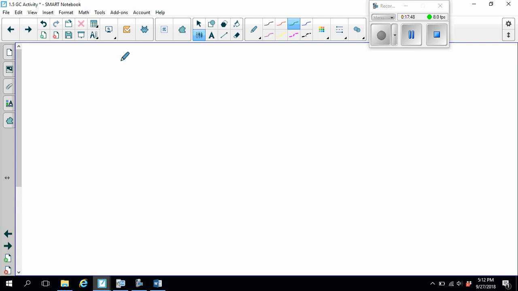So instead of having 0, we're going to have y1, because that's what we're plugging into our graphing calculator, negative 16t squared plus 50. So all I did was rewrite it and replace the 0 with y1, so we can actually put it into our graphing calculator. Okay, let's go ahead and do that then.